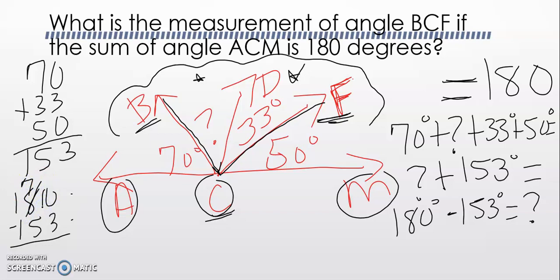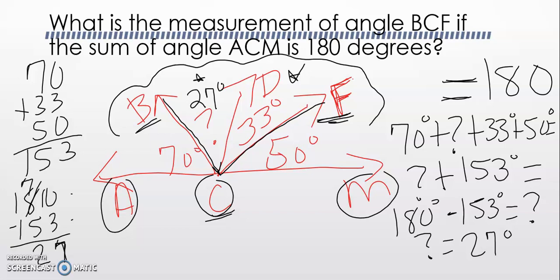This becomes 10. 7 is my answer in the ones place. Then 7 minus 5 in the tens place is 2. So my missing amount is 27 degrees.